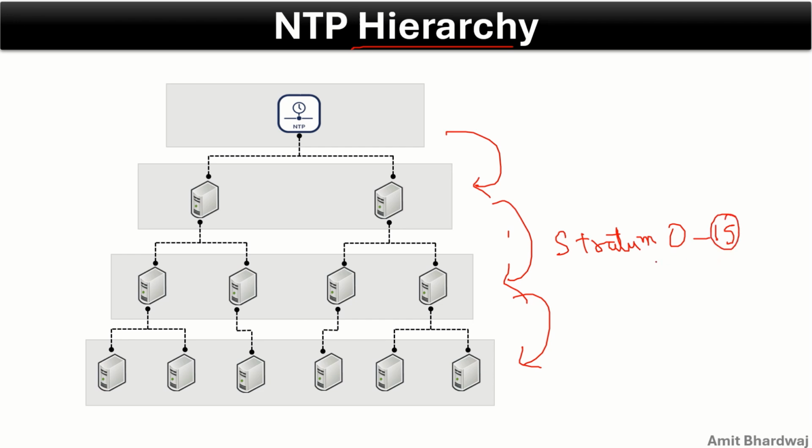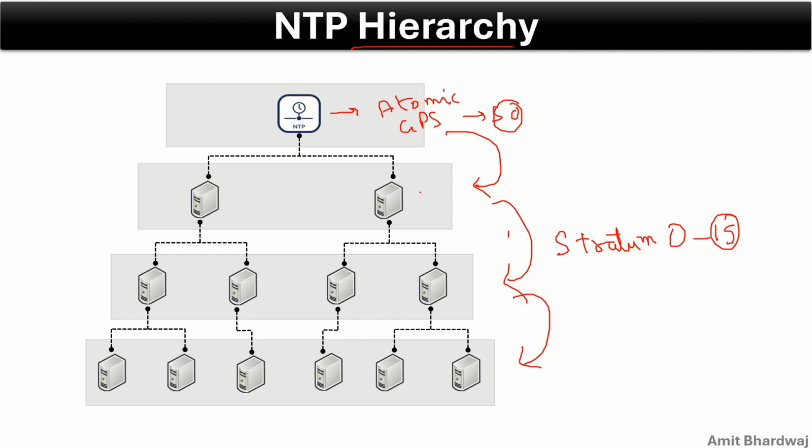So stratum, as I discussed earlier, is the accuracy of time. In other words, it defines the distance or hop of the original reference from the others. So let us say the original reference is an atomic clock or maybe a GPS clock. It always has a stratum value of 0.